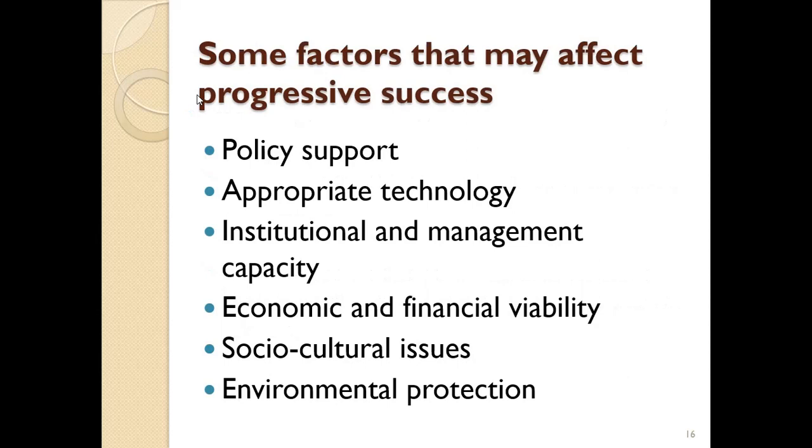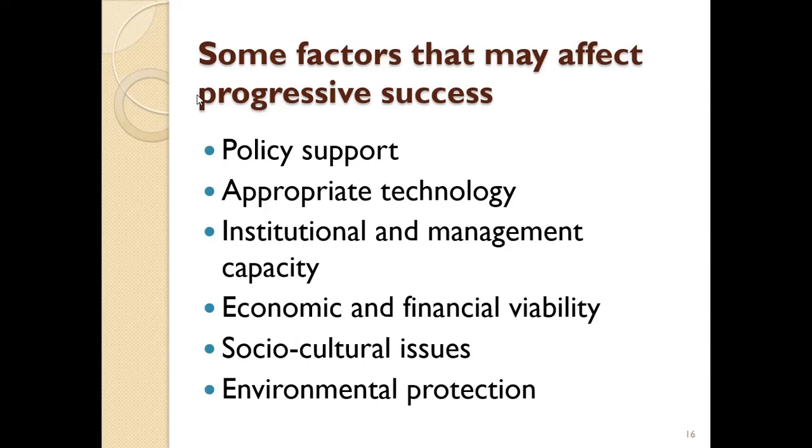Okay, so some of the factors that may affect progress are, of course, policy support, maybe from the government, even if it's an NGO implementing a certain project. Is the intervention supported by certain policies? Appropriate technology that can be used.